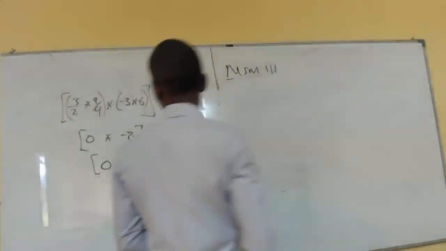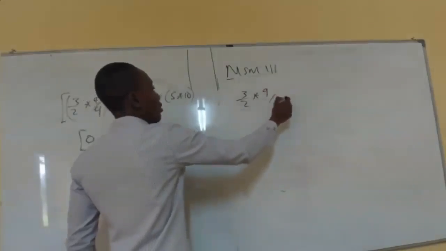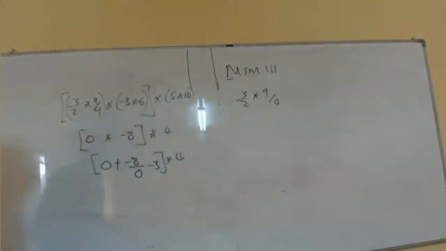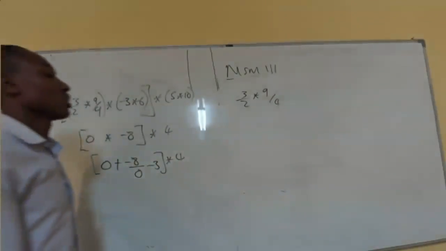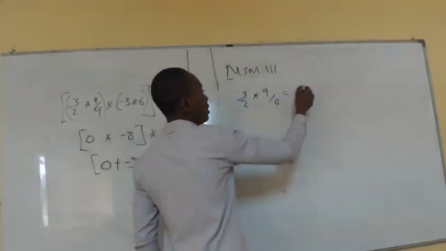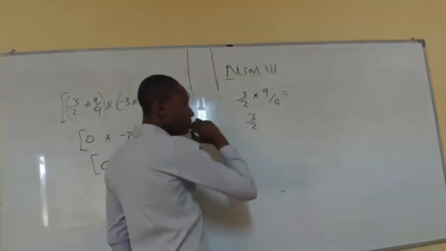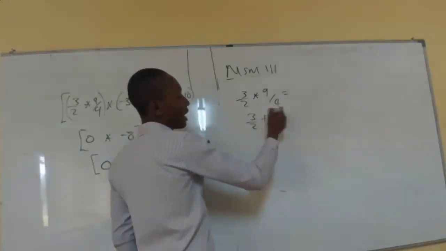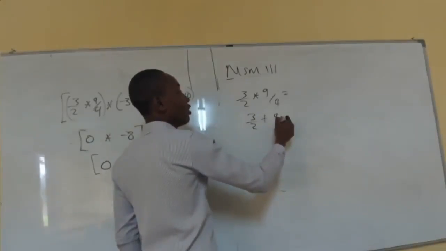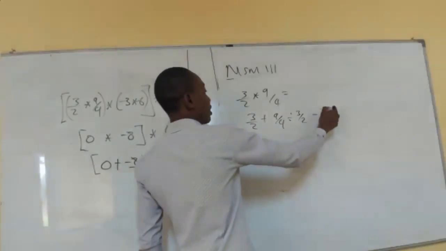Okay, so for those who are wondering how 3 over 2 star 9 over 4 became 0, this is what we said. We said the first number here is 3 over 2, right? So this is the first number, 3 over 2, then plus the second number, 9 over 4, divided by the first number, 3 over 2, then subtract a 3, right?